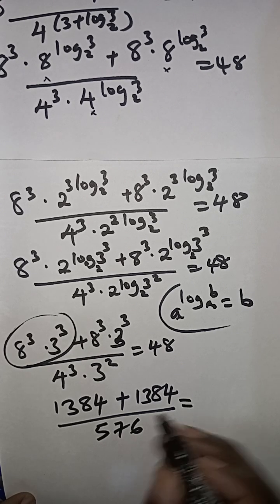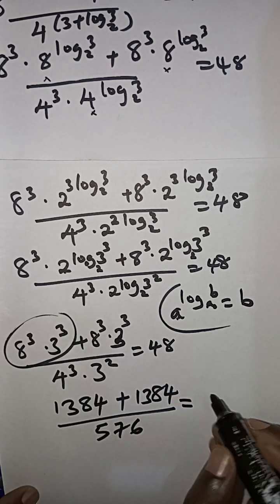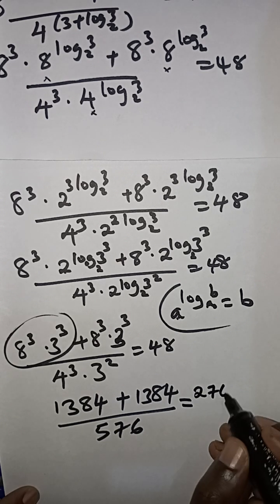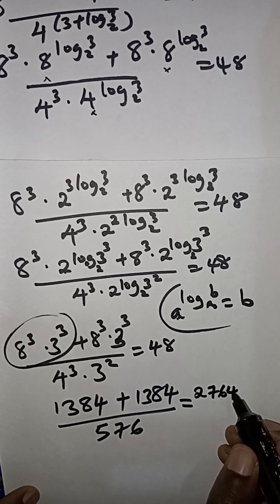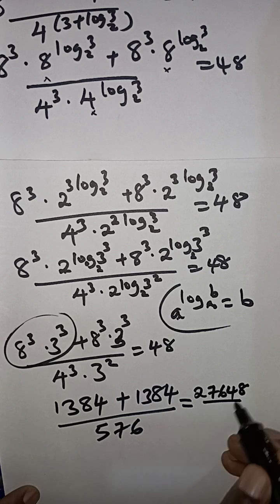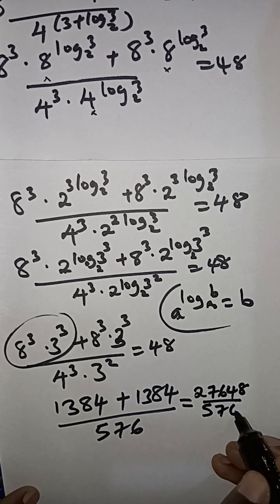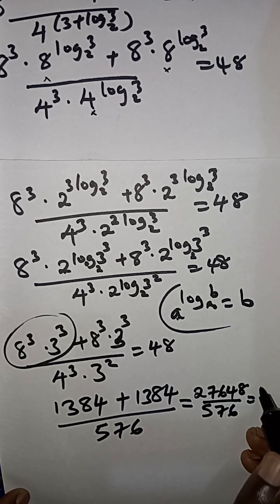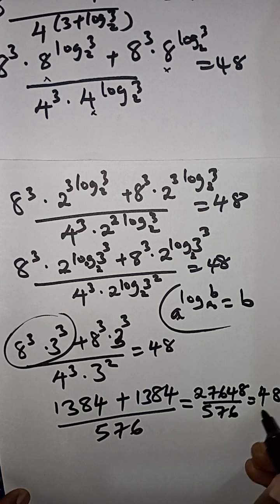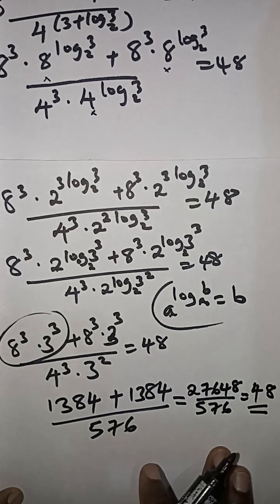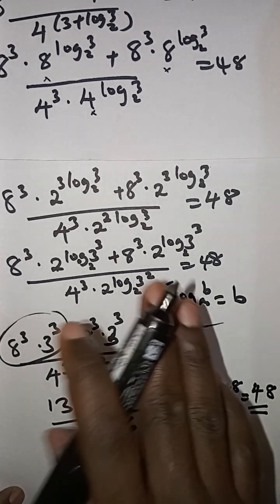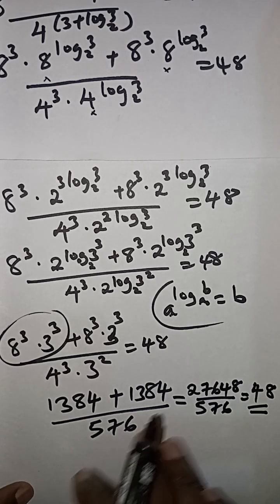Of course, adding this and this, you're going to get 27648. If you divide by 576, you'll end up with your answer as 48, which is the proof that indeed we've gotten the actual value of x.